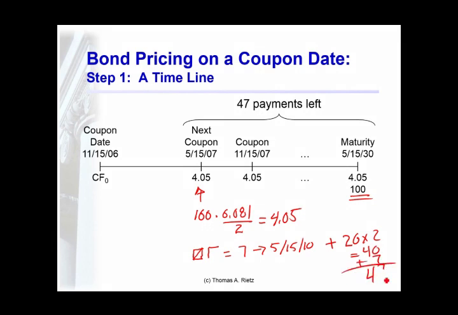So 47 total payments. It's surprising how challenging it is to count those number of payments. Another thing you can do is put them into Excel, number them explicitly, and then count them. But in reality, there's a lot of mistakes made just understanding the number of payments, so you got to get this part right.